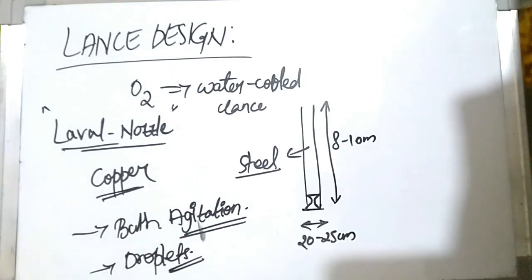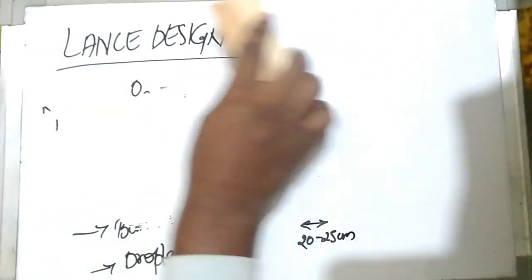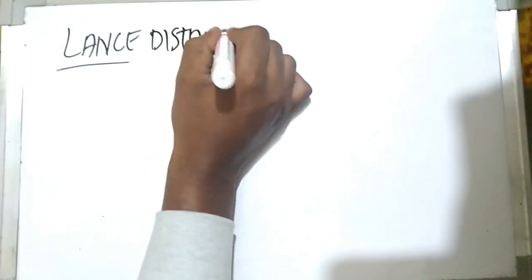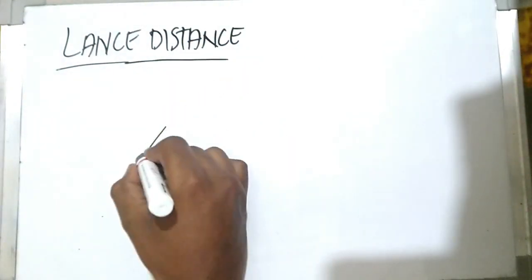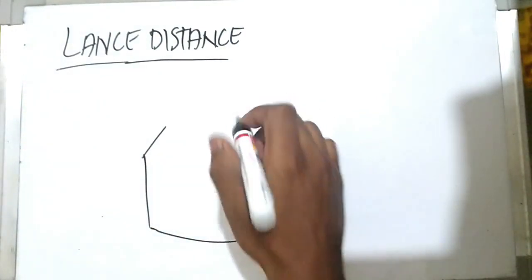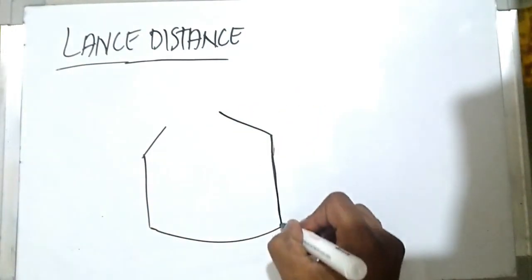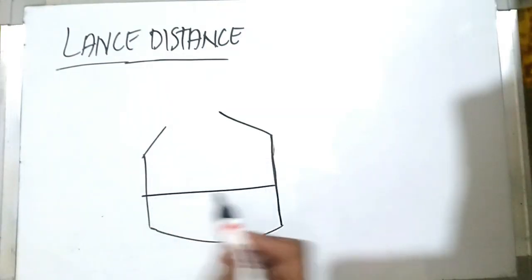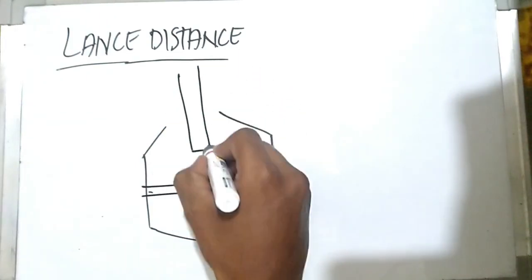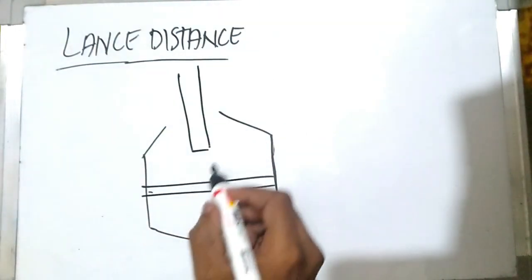Now we'll see the most important parameter, that is lance height or lance distance. For example, if this is the converter, here we have the molten metal and the slag layer, and this is the lance.